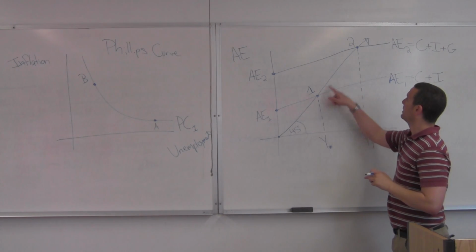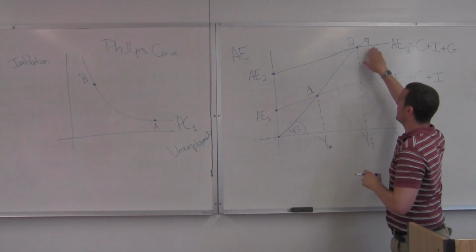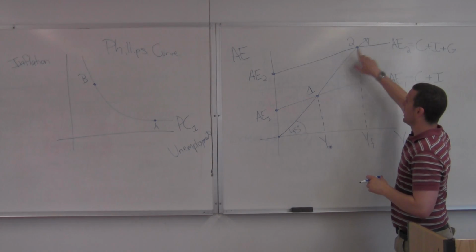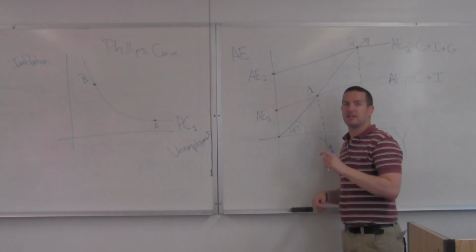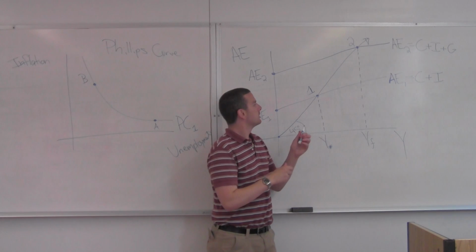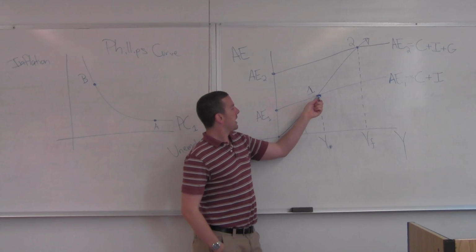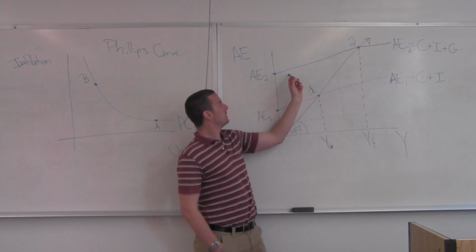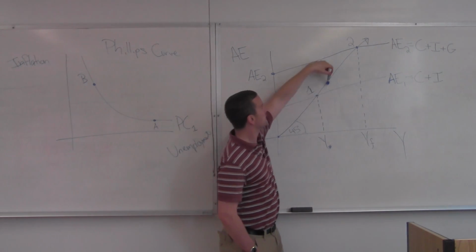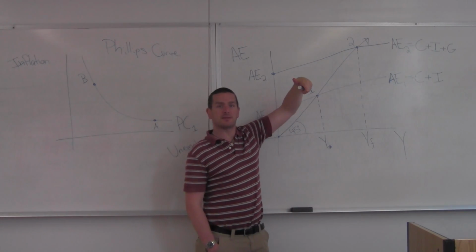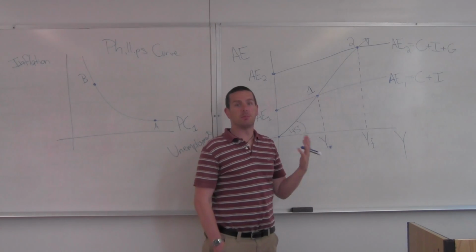You could go from 1 to 2, which would allow the total level of spending to cross the 45-degree line at different points. I think I was out of the frame there, so I'm going to stand over here. At 1 and 2, the total level of spending crosses the 45-degree line at different points, which means now we've gotten to full employment.